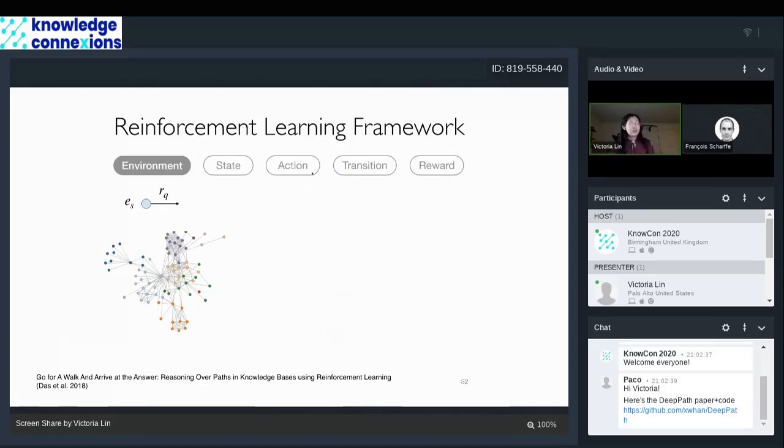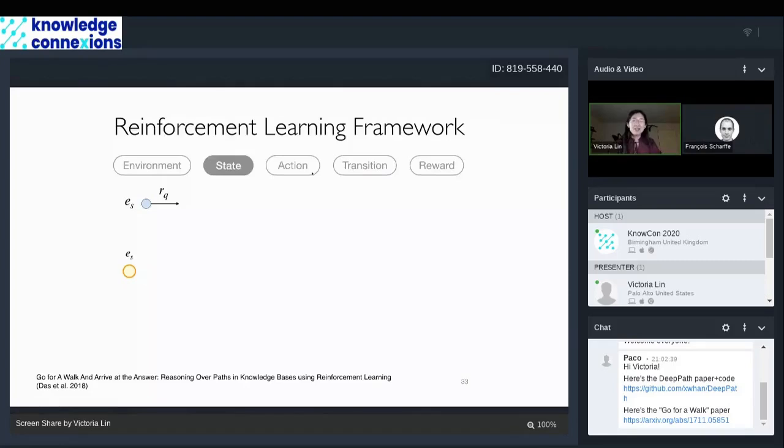In this case, our environment is basically the knowledge graph, and we also know the source entity we care about and the target relation we care about. The state is basically the current entity we are at in the knowledge graph. We also include the source entity and target relation because we can always see them.